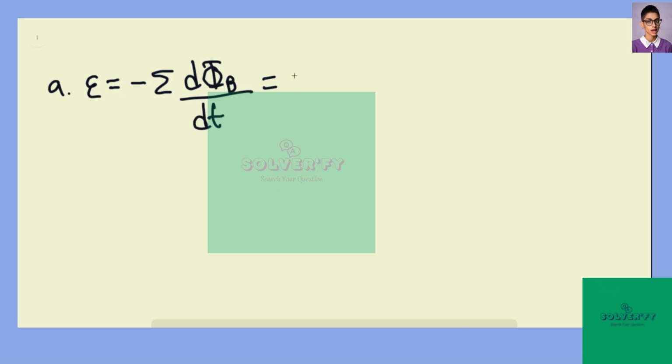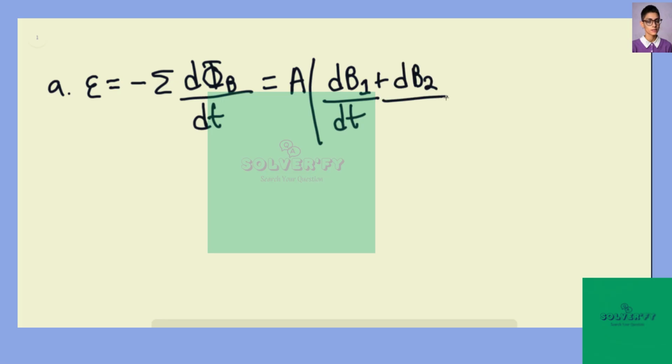This would be equal to A times dB sub 1 divided by dt plus dB sub 2 divided by dt minus, again, the change in magnitude of the third magnetic field with respect to time. Again, we are choosing these sign conventions because we're choosing the minus sign for the magnetic flux of B sub 1 and B sub 2, and the plus sign for the magnetic flux coming from the third magnetic field.